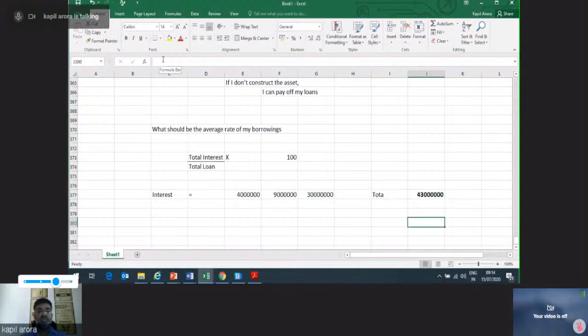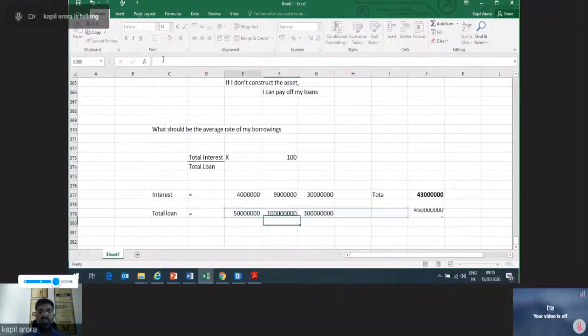Now what is the total loan amount we have? So the total loan amount we have is 5 crore, 10 crore, and 30 crore.